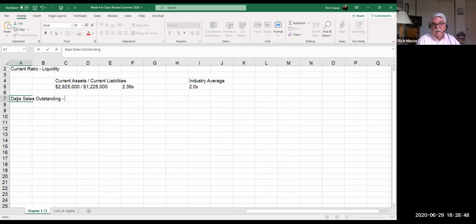This is a ratio or an analysis to determine efficiency. Are you collecting your receivables? Question: are there industries where you have to keep high liquidity?